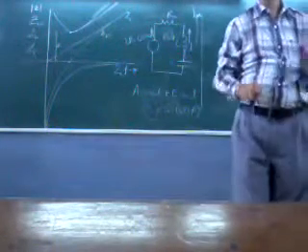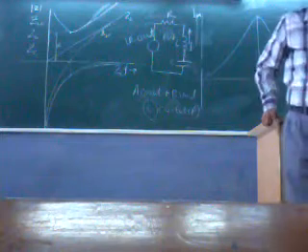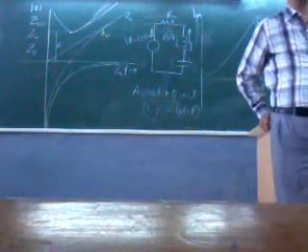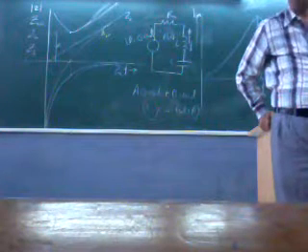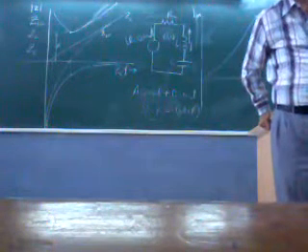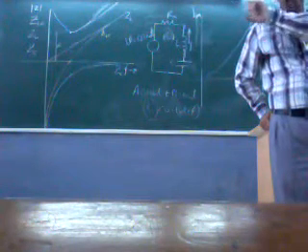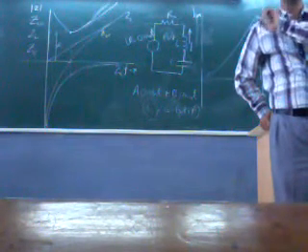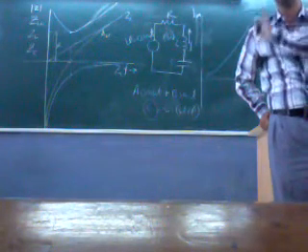Are you getting me? The current in a series RLC circuit, when you excite it by a sinusoidal voltage source, there will be a sinusoidal current. Sinusoidal current can be expressed in two forms, either A cos omega t plus B sin omega t or I peak sin omega t plus phi, where I peak and phi both are functions of frequency.